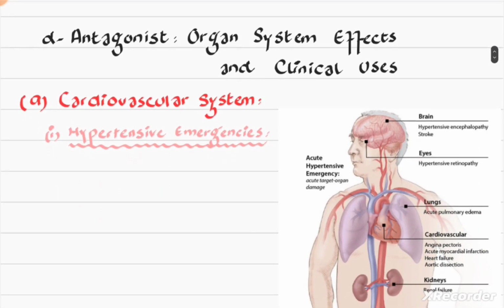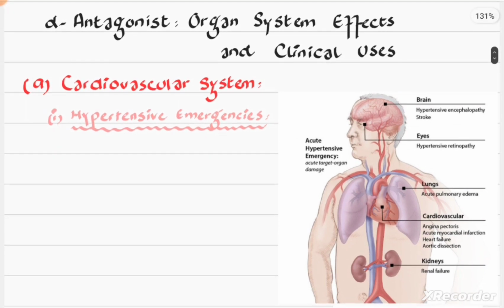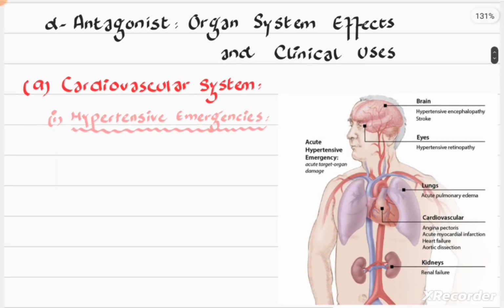So let's move towards the alpha antagonists' organ system effects and the clinical uses of these drugs. We will start with the cardiovascular effects. In the cardiovascular system, the major effect of the blockade of adrenergic agonists is a lowering of the peripheral vascular resistance and blood pressure.